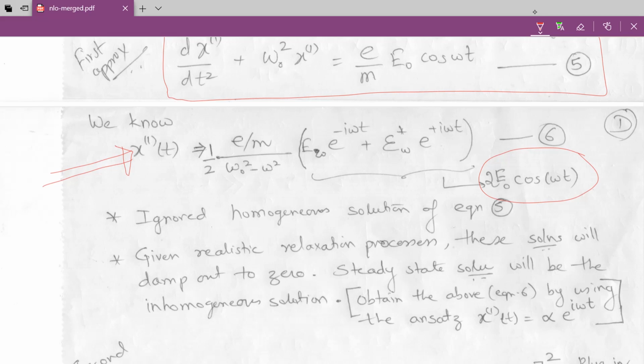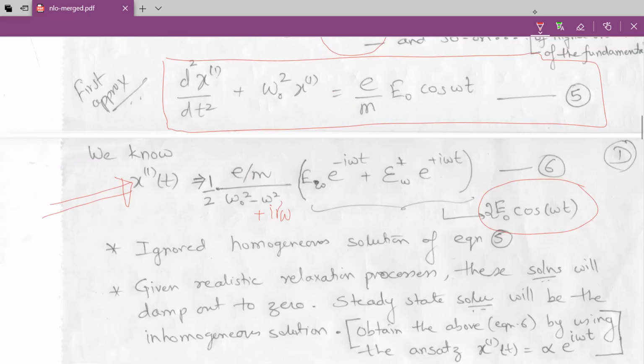So remember, in our earlier calculation, we would have had an i times gamma omega kind of a term, which would have been there, which we have ignored. So let us not worry about that. So you see, what you have is x1 of t now, which is my solution after ignoring the nonlinear term, and I get this nice resonant kind of behavior.